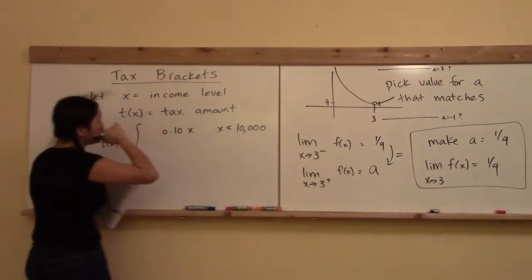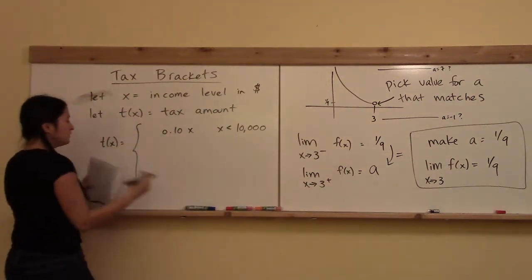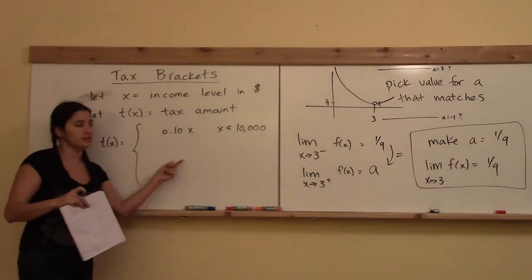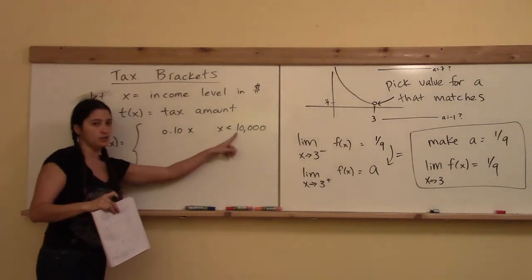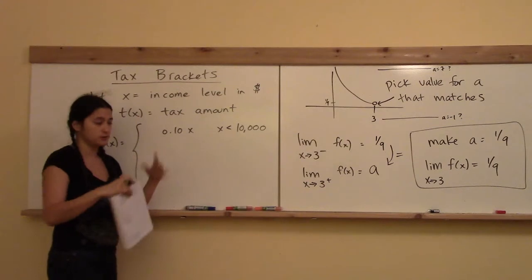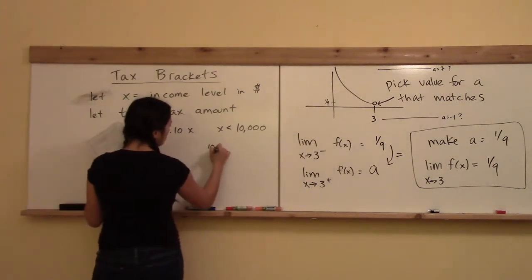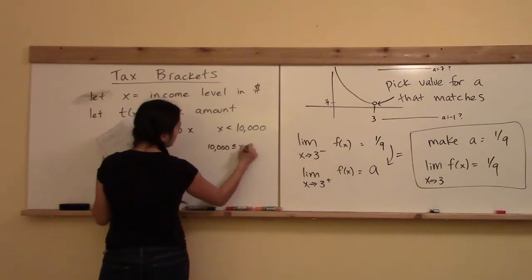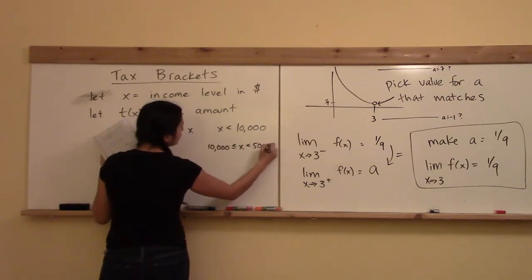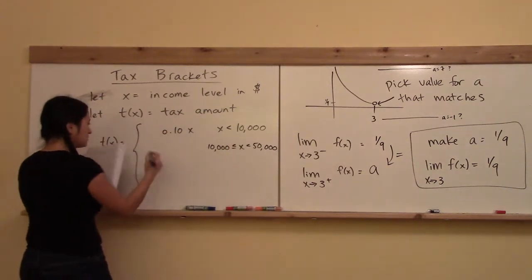So x is going to be in dollars. Okay, what this is saying here is that if you made less than $10,000, you have to pay 10% in taxes. That's what that's saying, right? Now, what if I make a little bit more? What if I make inside this bracket, greater than or equal to 10,000, but strictly less than $50,000?